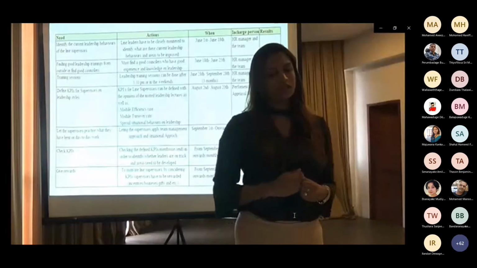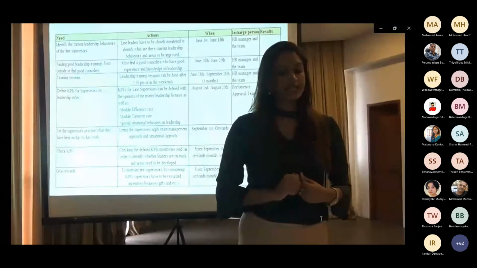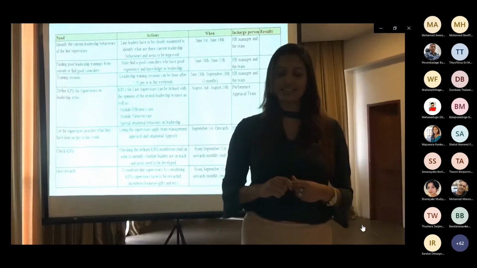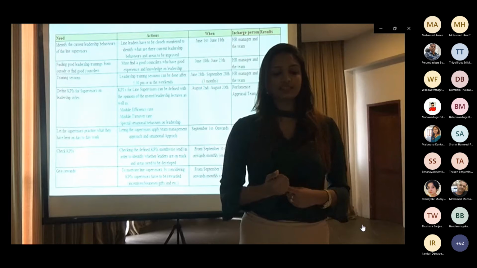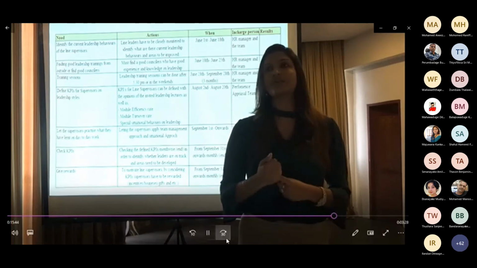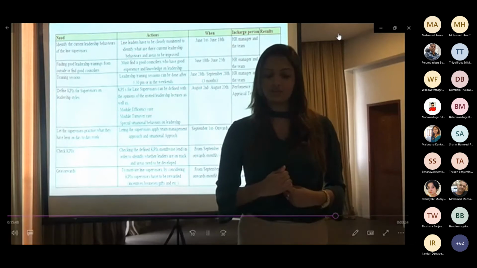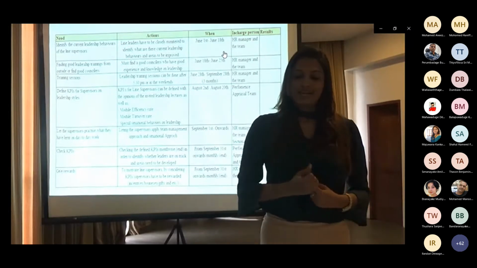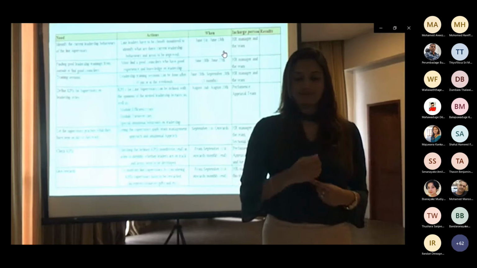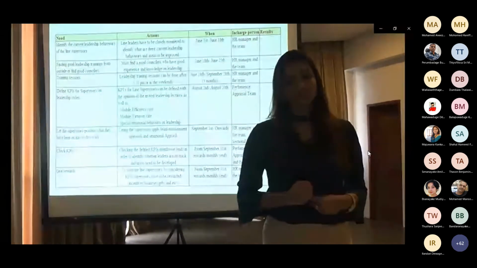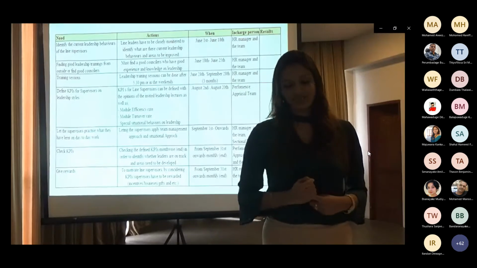The next need is finding good leadership training from outside or getting a good counselor inside the company. The action is to find a good counselor or a good institute that can give leadership educational theories and related content. The time allocated is June 18th to June 25th, also the responsibility of the HR manager and the team.